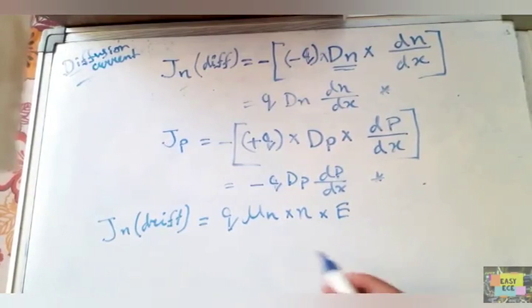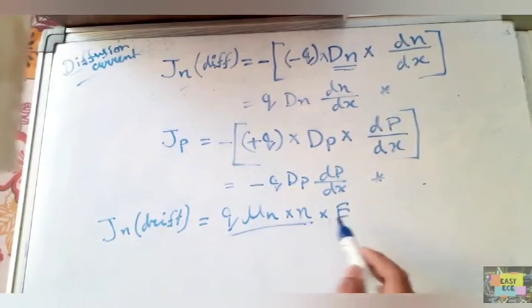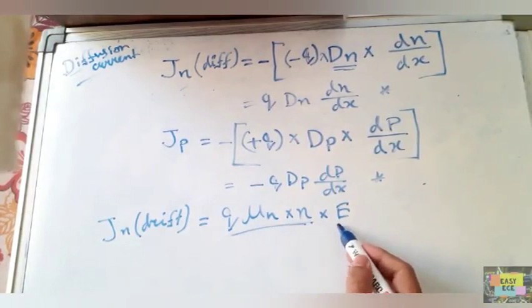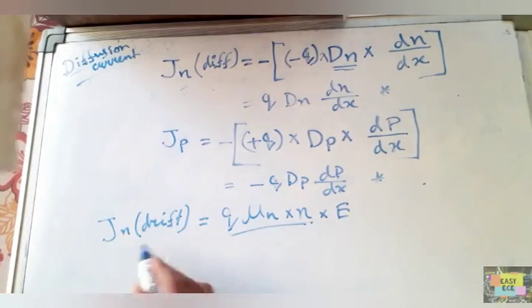That means this is what? This is the conductivity. Conductivity multiplied by electric field becomes the drift current density.